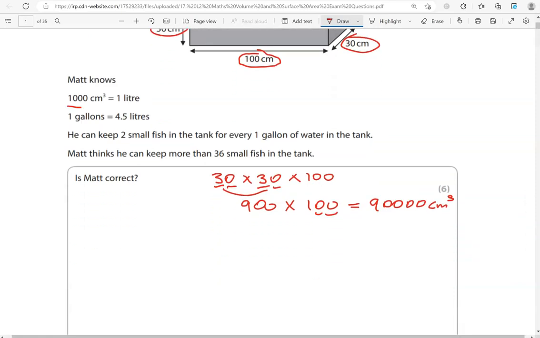We know that 1000 cubic centimeters equal 1 litre. What about 90,000?